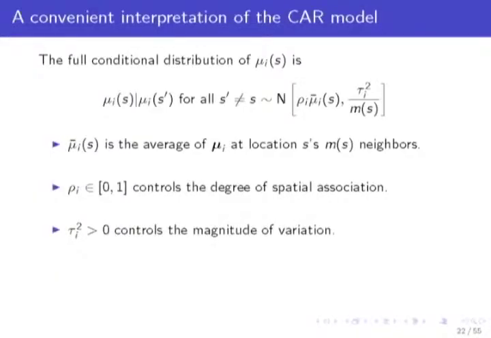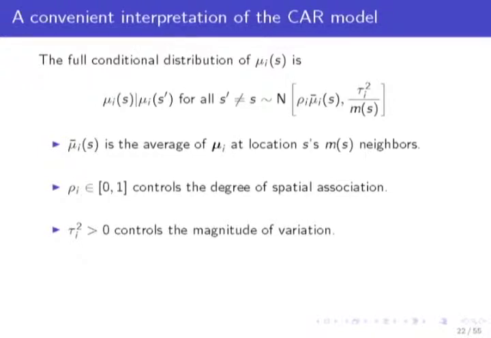Now, what is the interpretation of a CAR model? This is what it is doing. The conditional distribution of mu i given mu i prime is again a normal distribution, not with the mean of the neighbors, but an attenuated mean. That's where the term rho i times mu i bar comes from.